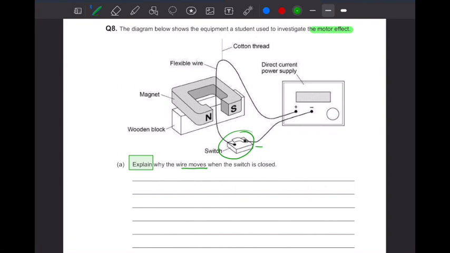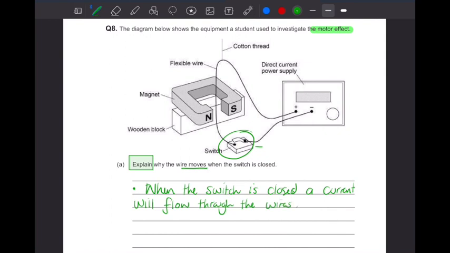So that's the first thing we're going to say: when the switch is closed, a current will flow through the wires.